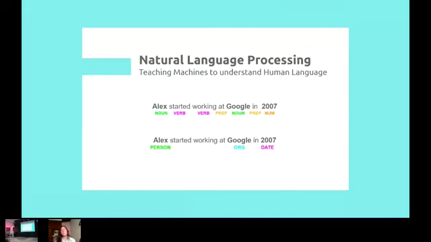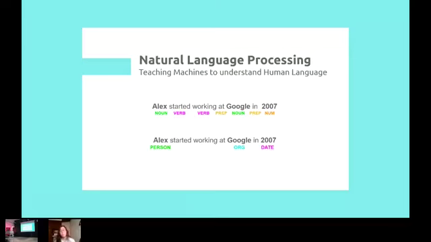But let's jump into something much more complex, and that is called named entity recognition. We are going to identify from those nouns what they are. We can understand that Alex started working. If it started working, it's highly probable that it's a person.